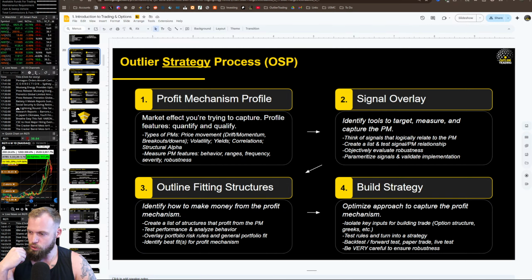Andrew says, do you have any strategy for earnings? Yeah, for sure. So for earnings themselves, there are like 3 broad profit mechanisms. There's the behavior of implied volatility coming into earnings. There's the behavior of volatility following earnings release.